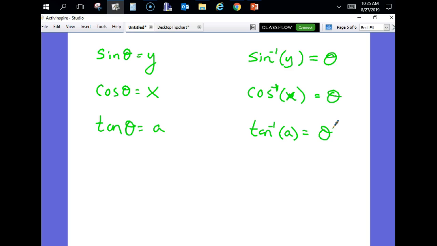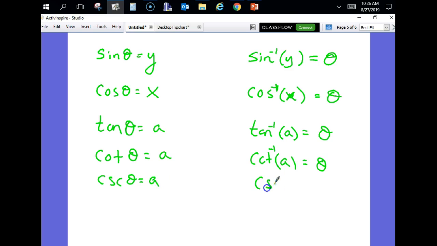I'm going to say a, just because I don't want to write y over x, but you could. And so on. I'm just going to write them all up here at this point. It's kind of repetitive, honestly, but I think we have the point at this point. So that's the arc functions.